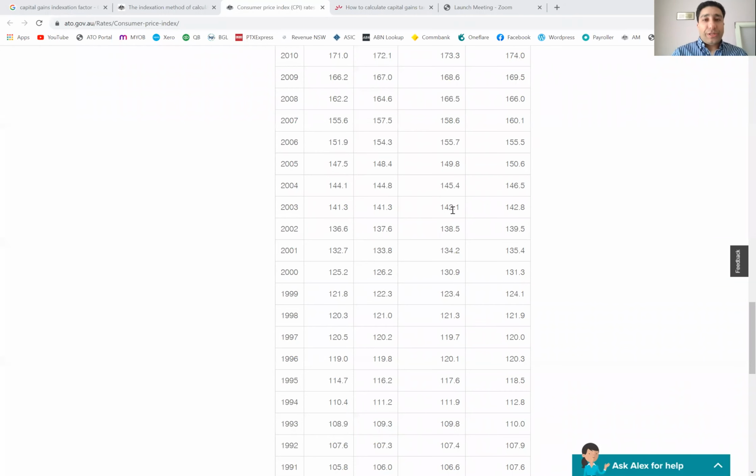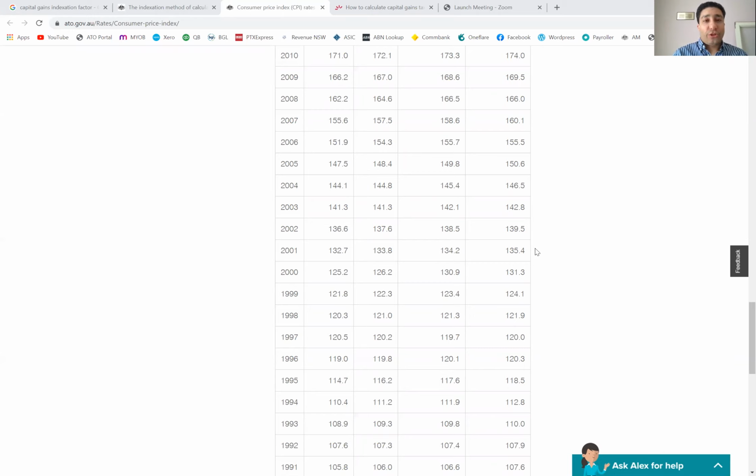So if you can see this screen here, this screen has a lot of numbers. So that's based on consumer price indexes for each quarter, and that's where you use the indexation method.